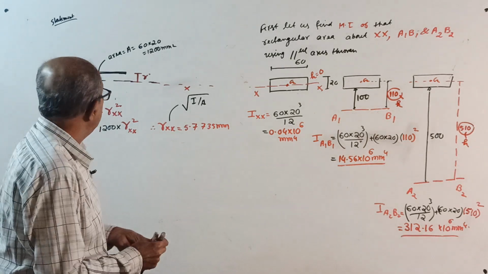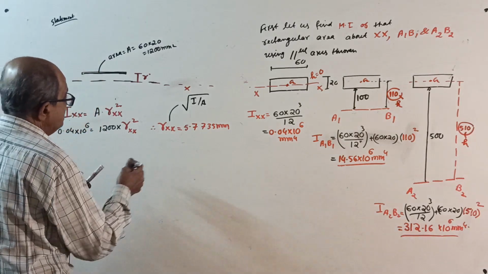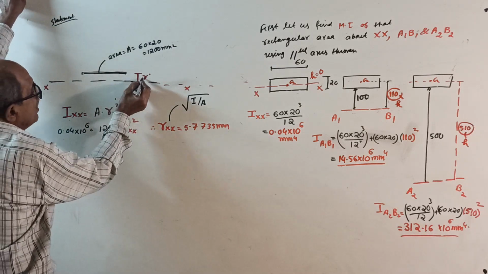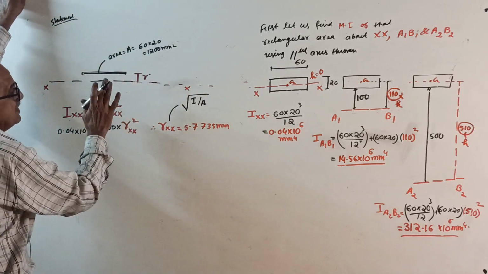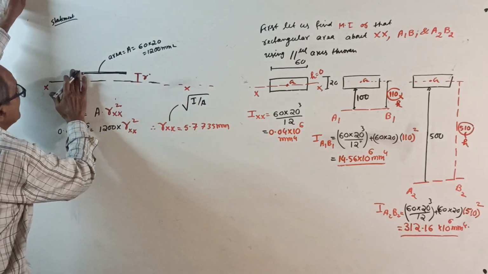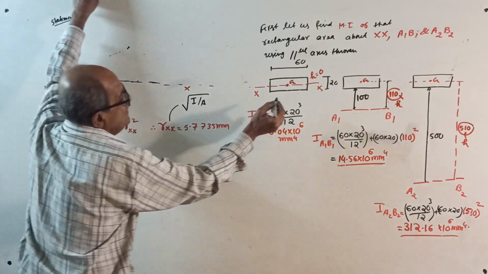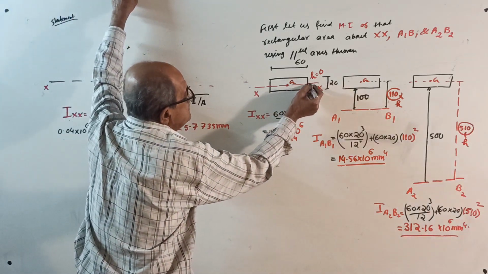Now that means this distance is very small, 5 point something. Write one more sketch here. It is shifting by, see, this is 20 mm, this is 10 mm.